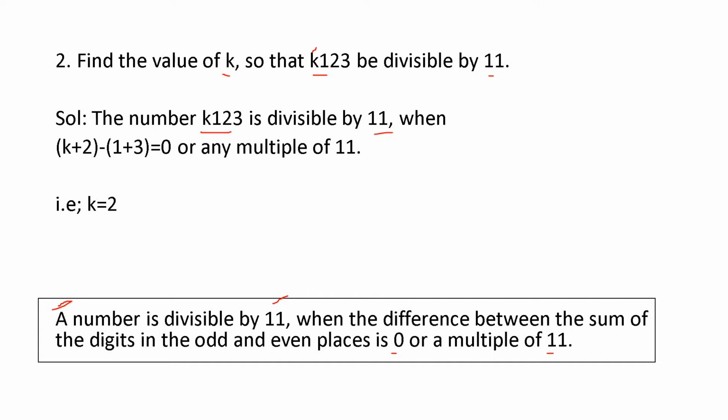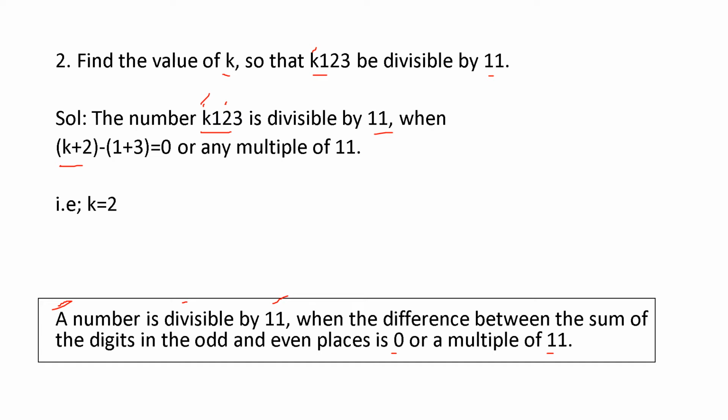So we have to check whether it is divisible by 11 or not, and we have to find the value of k. The rule given is the sum of the odd digits, that is k plus 2. K is at the first position and 2 is at the third position.